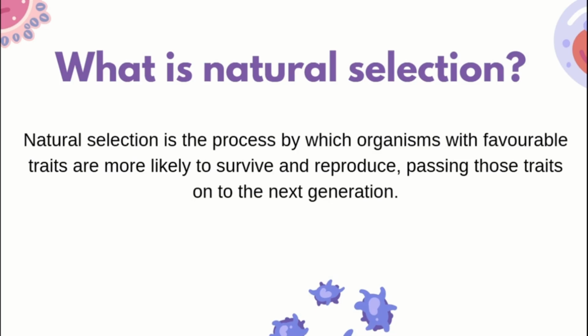The definition that we have here says that it's the process by which organisms with favorable traits are more likely to survive and reproduce, and pass on those traits to the next generation. What is that telling you? Basically, in nature, only the fittest of the fittest are going to survive.